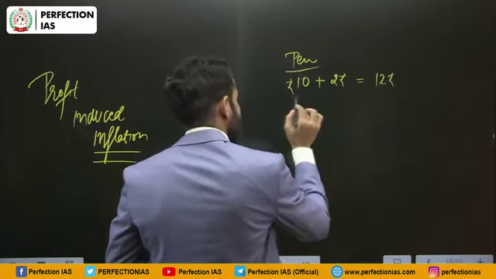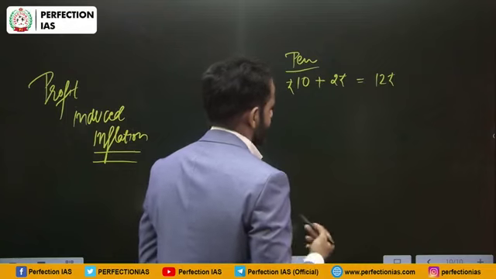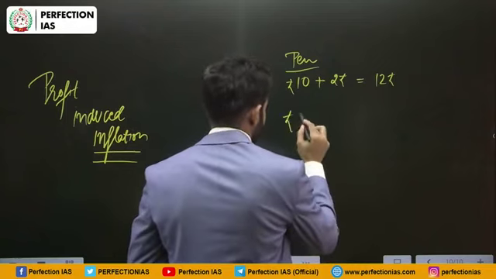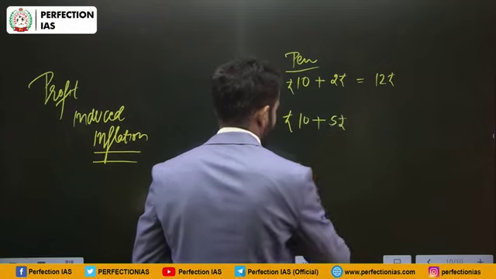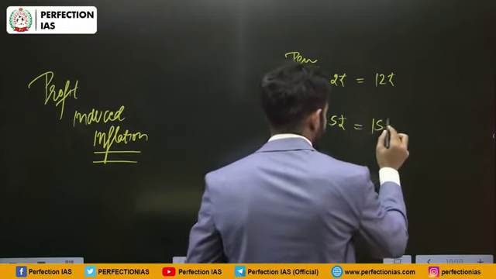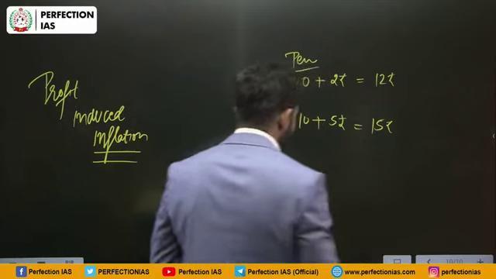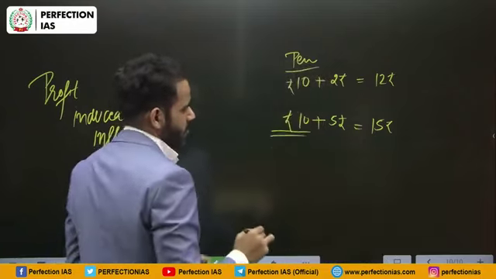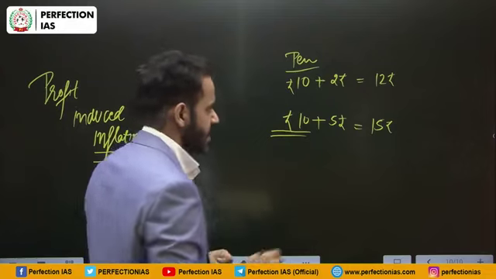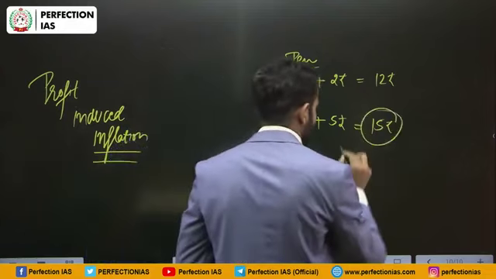Now the company wants to increase its profit margin, so the cost of production is still 10, but now the company wants to earn 5 rupees per pen, so the price has increased to 15 rupees. Please note that in this case the cost of production has not increased, but the final price has increased. Why so?